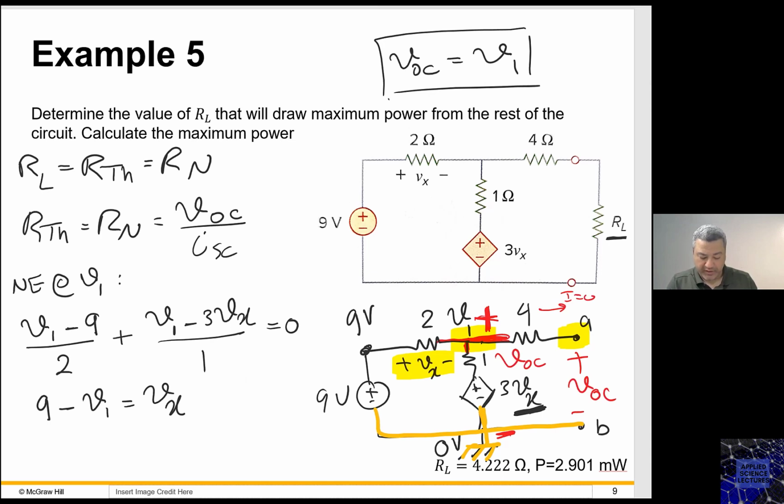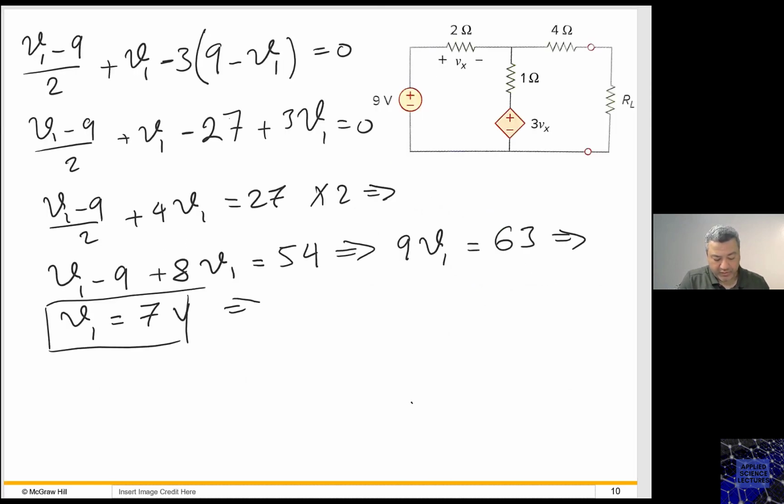We calculated it, and it is VOC. So VOC is 7 volt. Now we need the I short circuit.